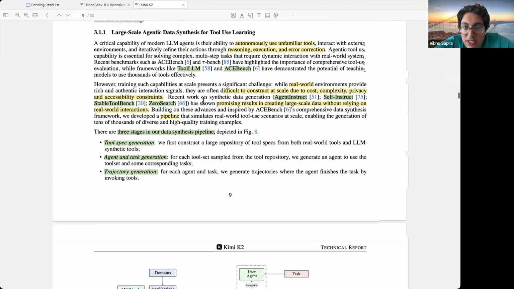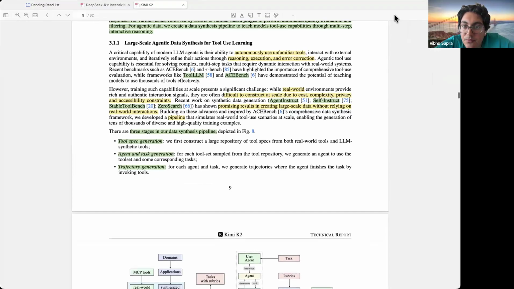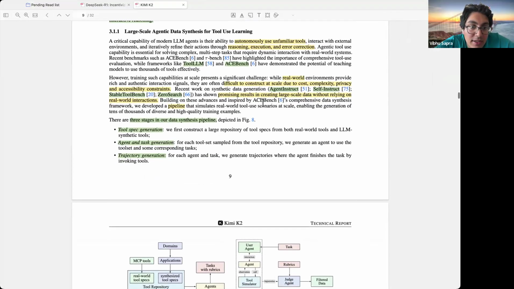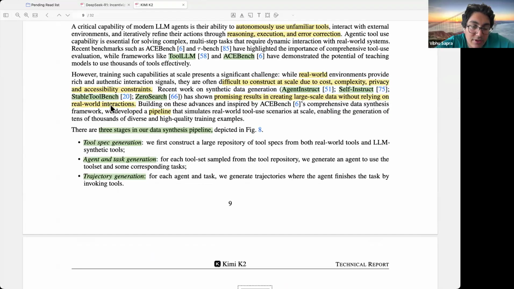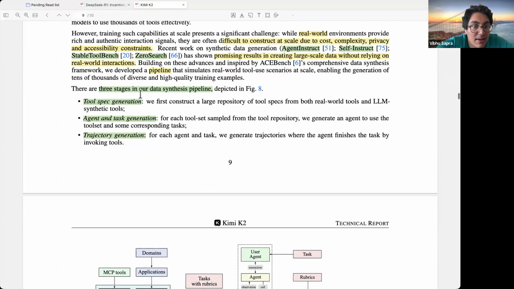They show promise in creating large-scale training data without relying on real-world interactions. It's all synthetic. They have a pipeline that simulates real-world tool use scenarios at scale, enabling the generation of tens of thousands of diverse and high-quality training examples.